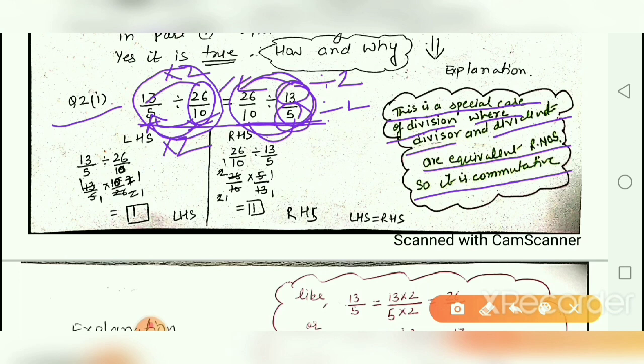So here we have done the calculation on the left hand side, and here on the right hand side. This calculation I have already shown you in the previous lecture. So on the left hand side we get 1, and on the right hand side we also get 1. So the left hand side is equal to the right hand side, so it is true because it is a special case.